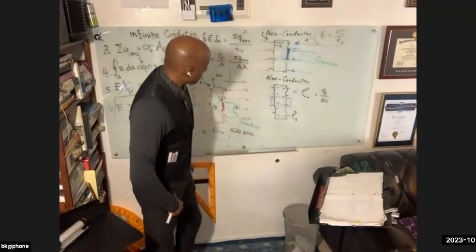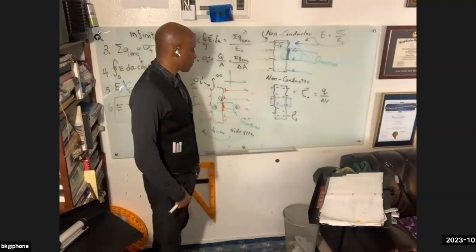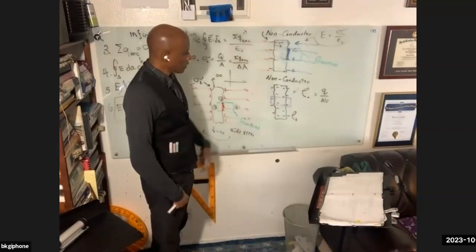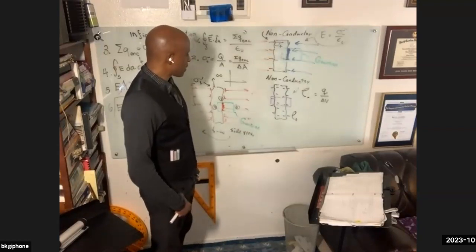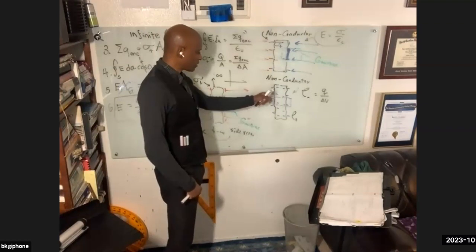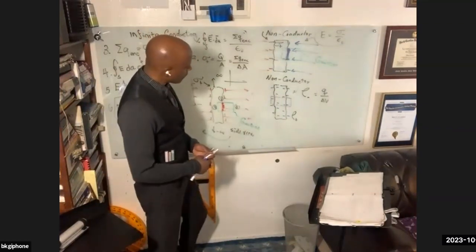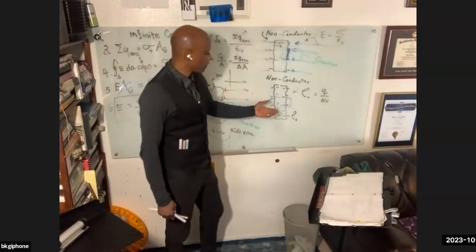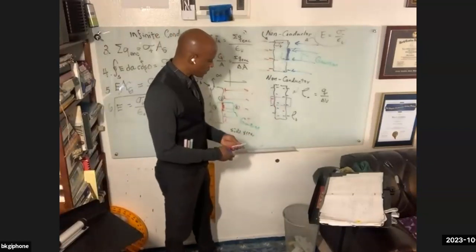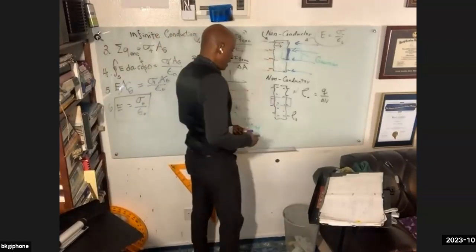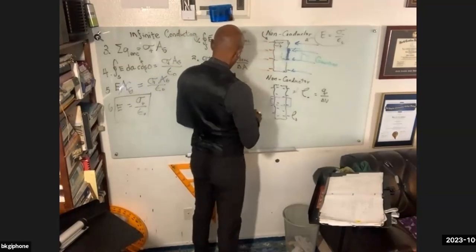Where was I? So if we apply Gauss's law to the non-conducting plane that has uniform charge density rho all throughout, here we got three surfaces, 1, 2, and 3. Keep them the same.